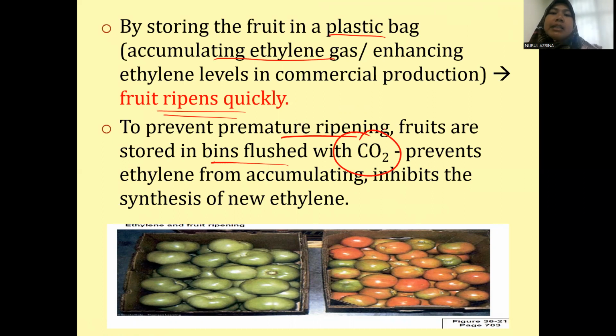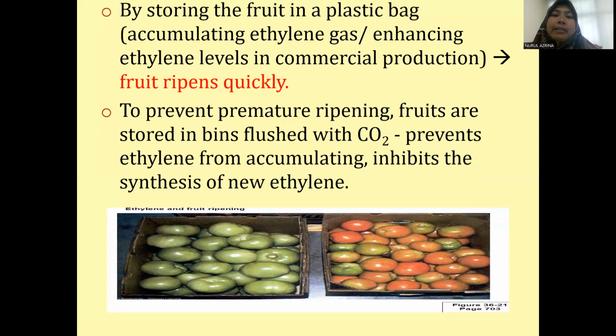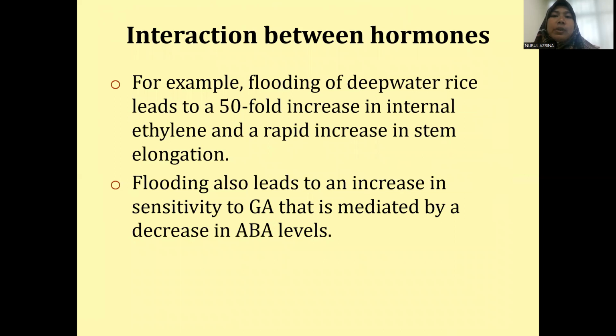This carbon dioxide flush in a bin or in a plastic bag will prevent the ethylene from accumulating, thus delaying the process of ripening. Okay. So that is the main function of ethylene. All right.